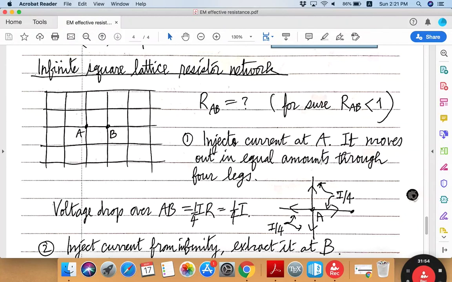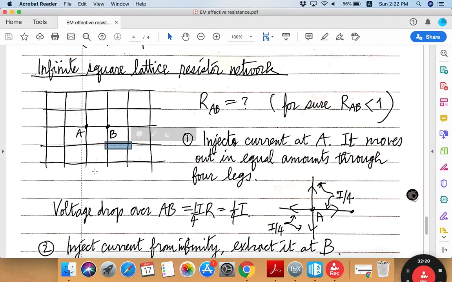Okay, so here's the problem. Suppose I have an infinite square lattice of resistors. So every line segment I draw here, like this line segment or that line segment, is in fact a resistor. And every line segment has exactly the same amount of resistance.